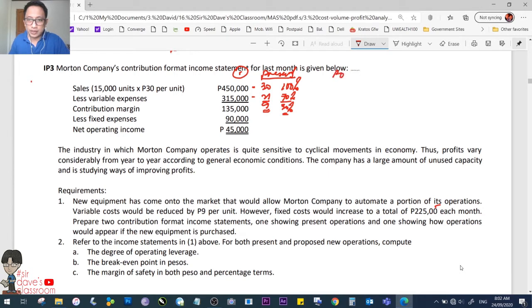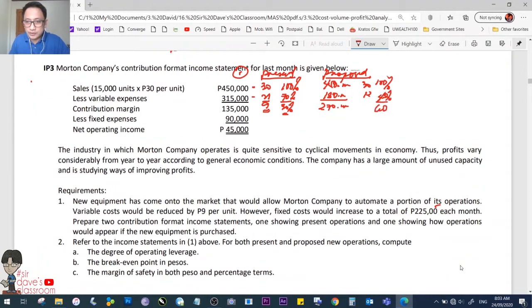Under the proposal, so we call this the proposed, the following should appear as required by number 1. The total sales, of course, would still be 450,000. The selling price is still at 30 pesos and 100%. The variable cost would be reduced by 9, so this becomes 21 minus 9, or 12 pesos, and accordingly, this must be 180,000. 270,000 should be your contribution margin, with the 12 representing 40% of the total.